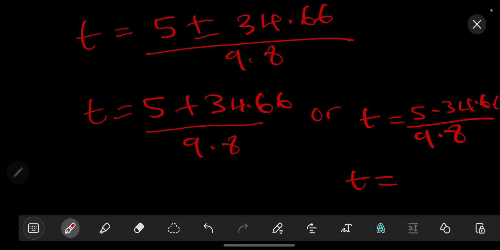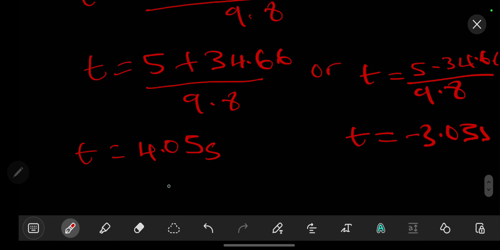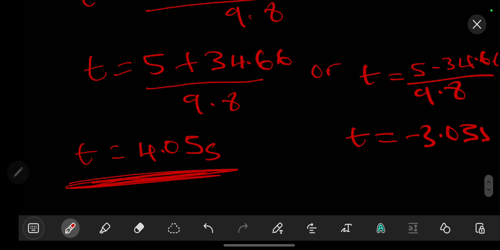This is going to give us t equal to 4.05 like that. Then here it's going to give us 5 minus 34.66 divided by 9.8. This is going to give us negative 3.03 seconds. So we take the positive, time can never be negative, so we take the positive time.